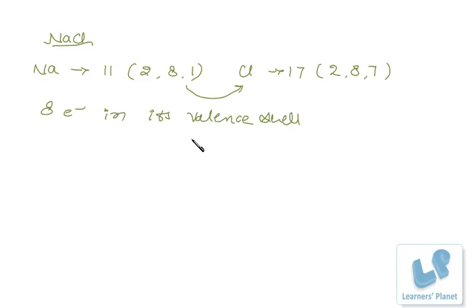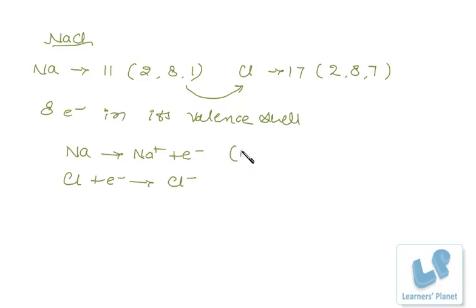It can lose its 1 electron and chlorine will gain that electron. So sodium forms the sodium ion by giving out 1 electron. Chlorine forms the chloride ion. By accepting 1 electron, it forms the Cl minus ion.